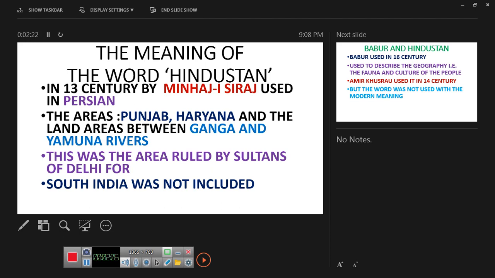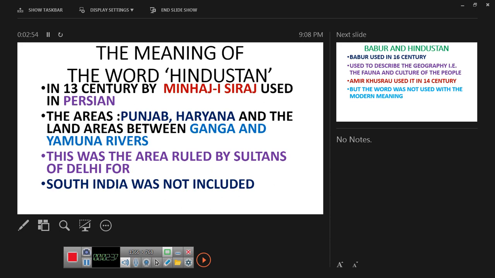And he has used that word for the areas of Punjab, Haryana and the areas between the Ganga and Yamuna rivers. Not for all of India, only for those areas, because that was the area ruled by the Delhi Sultans.